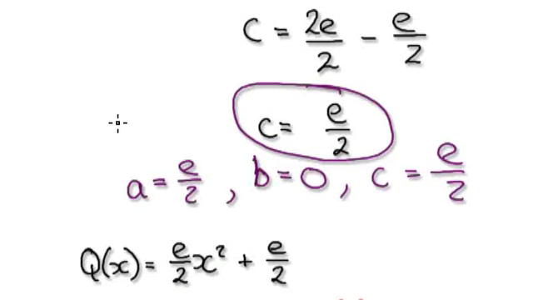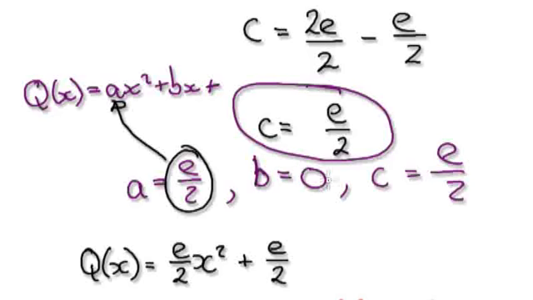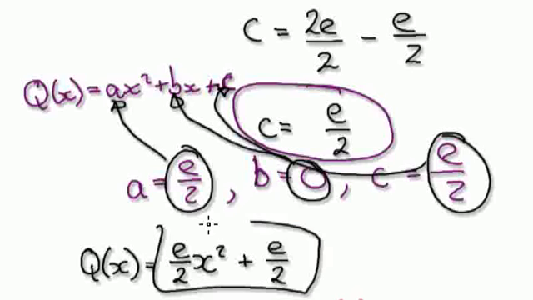So now remember Q of x equals ax squared plus bx plus c. So now we've got our a here, so put it into here. b, put it into here, and where's our c? c, put this into here. Okay, so that will then give us this.